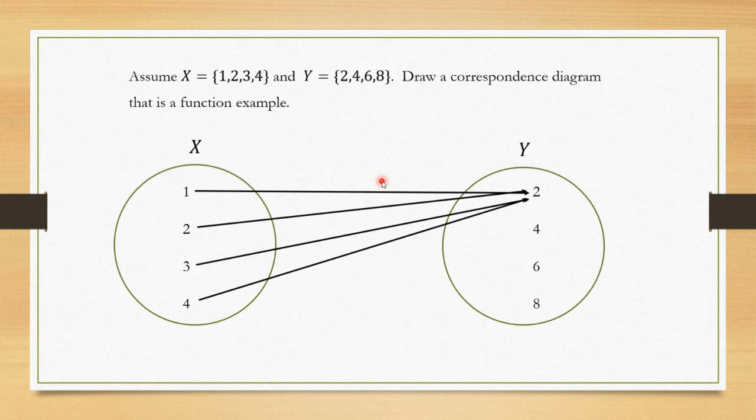Your X and Y could be sets. Your rule has to follow the definition. Somehow you can only have each element from the first set go to one element from the second set. In other words, each input can only have one output. And the function tells you how to take your input and get the output, for each input. So correspondence diagrams are one way to get a function.